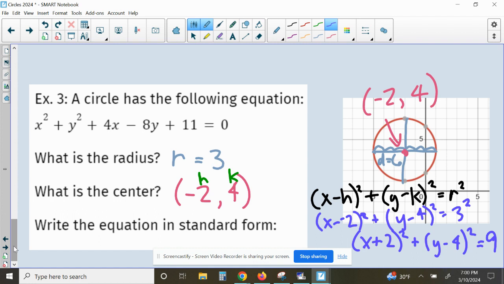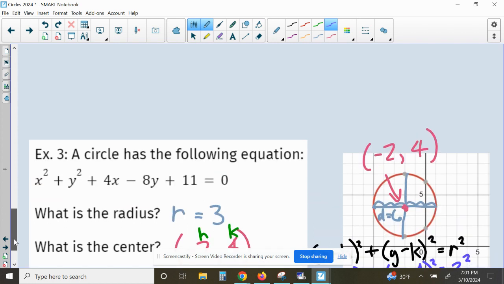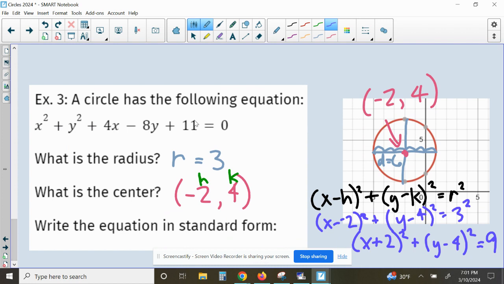Now, sometimes they'll give you an equation and ask you for stuff in it. So like this was an equation they gave us, and we had to put it into Desmos in order to find these things. But sometimes they'll give you an equation already in standard form. Just throw this down in your notebook somewhere or on the edge of your foldable. What if I gave you this equation?